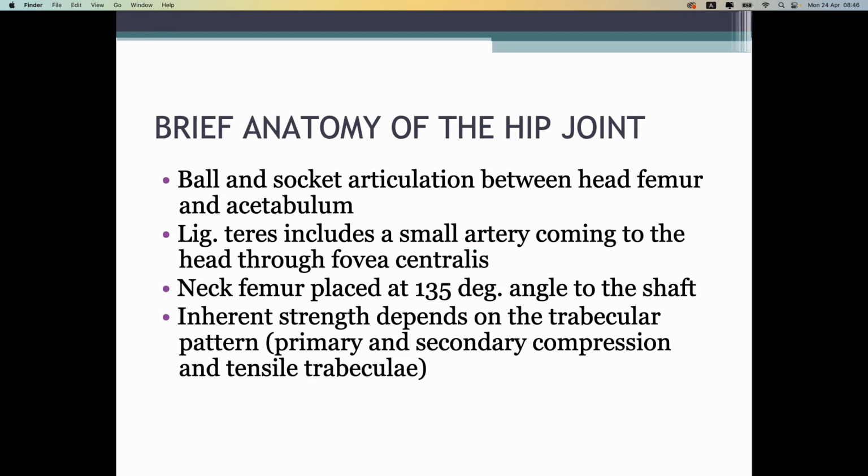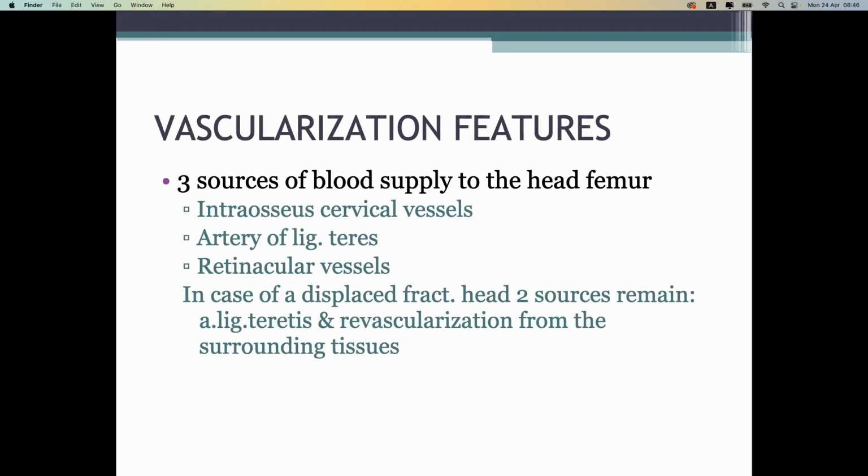So also, one of the important things is the vascularization of the neck of the femur or head of the femur, because especially in patients more than 60 years old, it may cause some problems. It's called avascular necrosis, and this is happening because of less blood supply to the head of the femur.